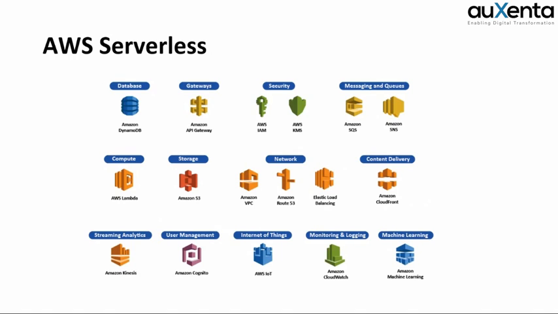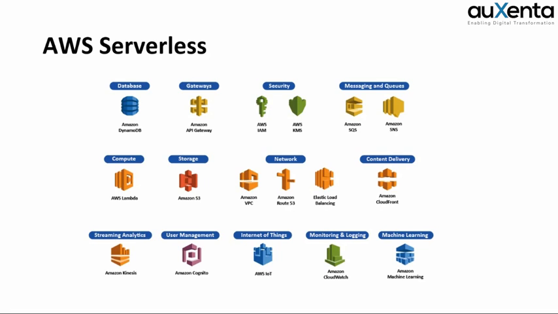When it comes to AWS serverless, these are actually a subset of the AWS serverless offering. There is much more than this. I will go through some of the services for database, gateways, security, messaging and queues, compute, storage, network, content delivery, streaming analytics, user management, Internet of Things, monitoring and logging, machine learning. We have a lot of managed services for different aspects of software development or software delivery.